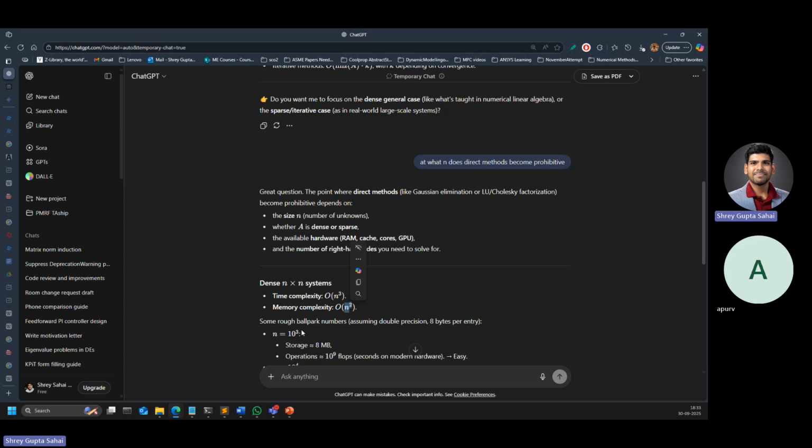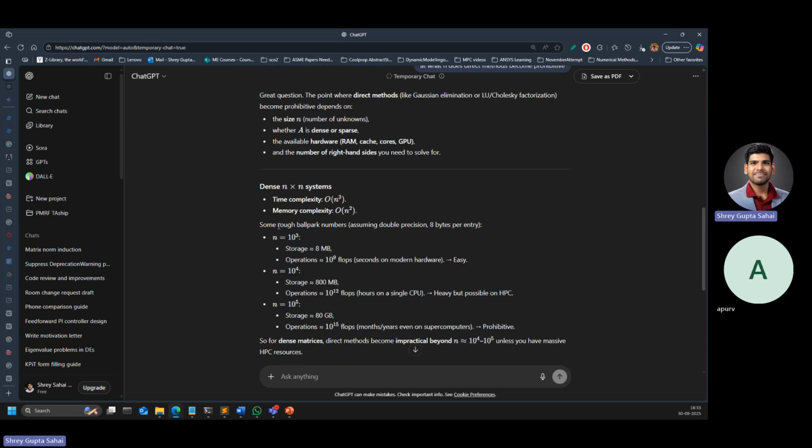Roughly, some ballpark numbers: if you have only 100,000 nodes, then the storage will be roughly 8 MBs. But if you go to 1 lakh, or 10 to the 5 nodes, your storage goes to 80 GBs.